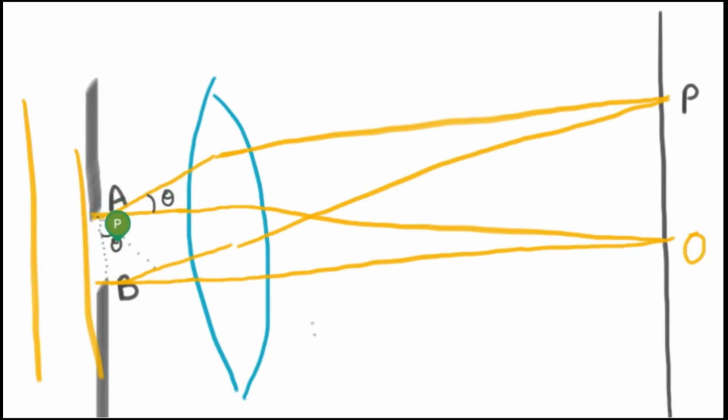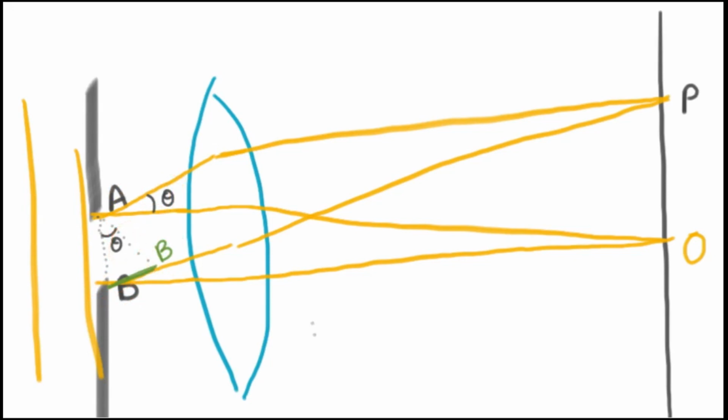So in this case, what you will notice is that this green line is the extra path which is traveled by the light which is coming from point B. Just imagine if the point B was here, to remove this bending of light, I have moved this B by a certain angle theta.